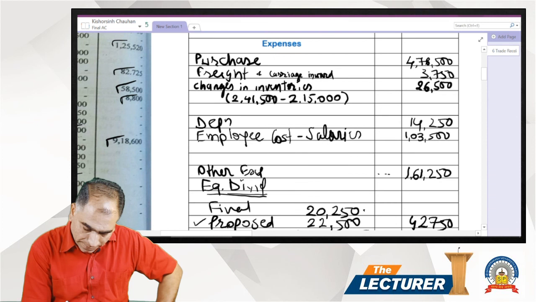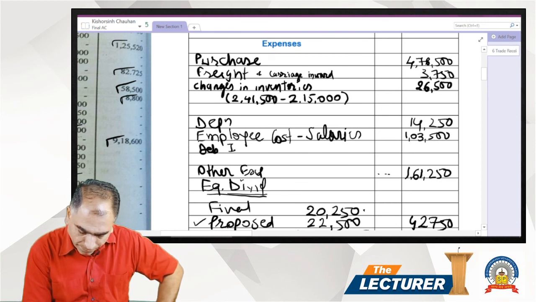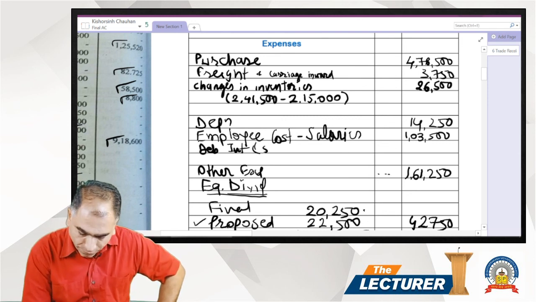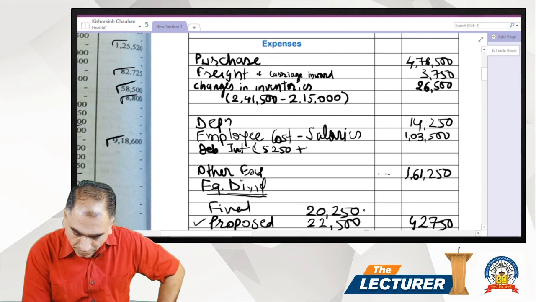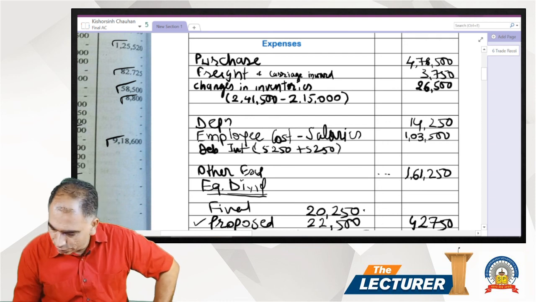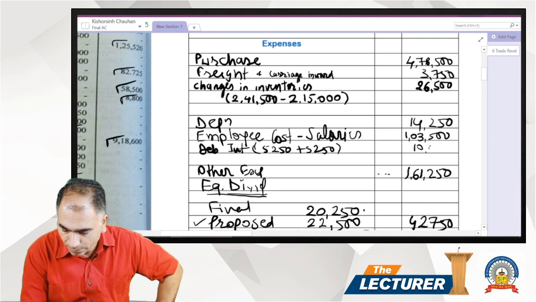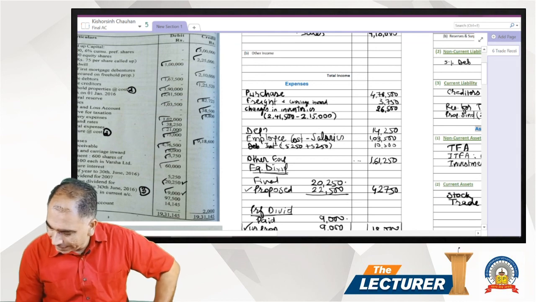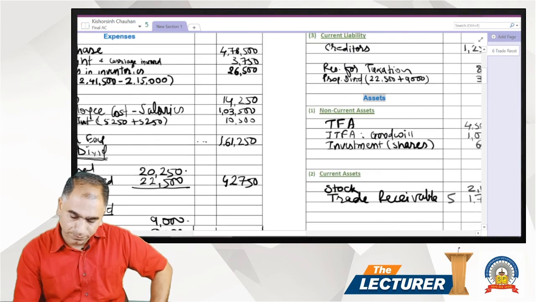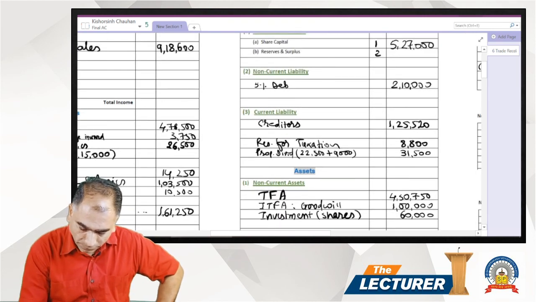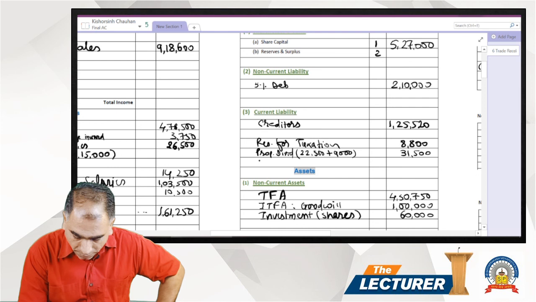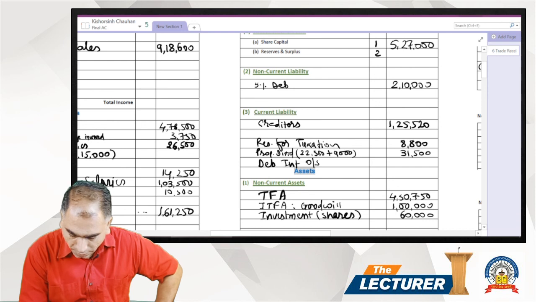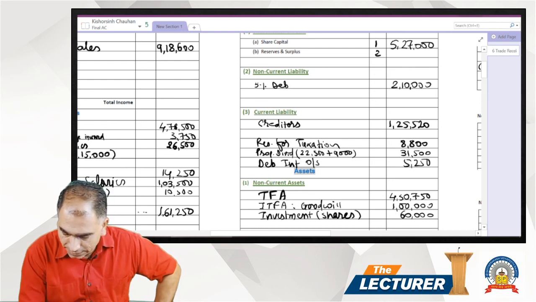So debenture interest is 5250 plus 5250, total would be 10,500, and 5250 is your liability, outstanding interest, current liability. Debenture interest outstanding 5250.